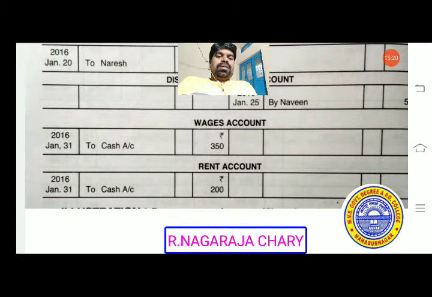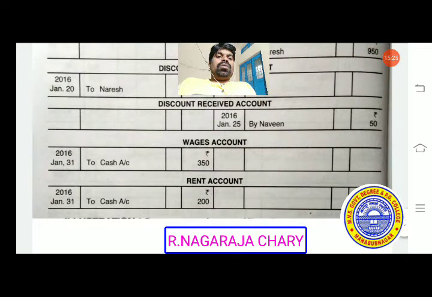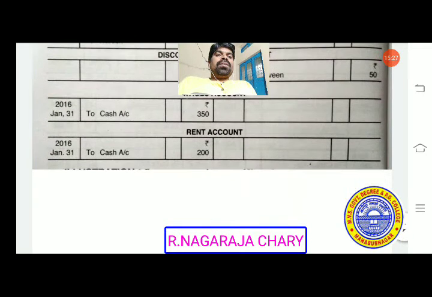This process is known as posting into concerned ledgers. Posting, it is nothing but posting, right? This is the process of posting from journal to ledger.